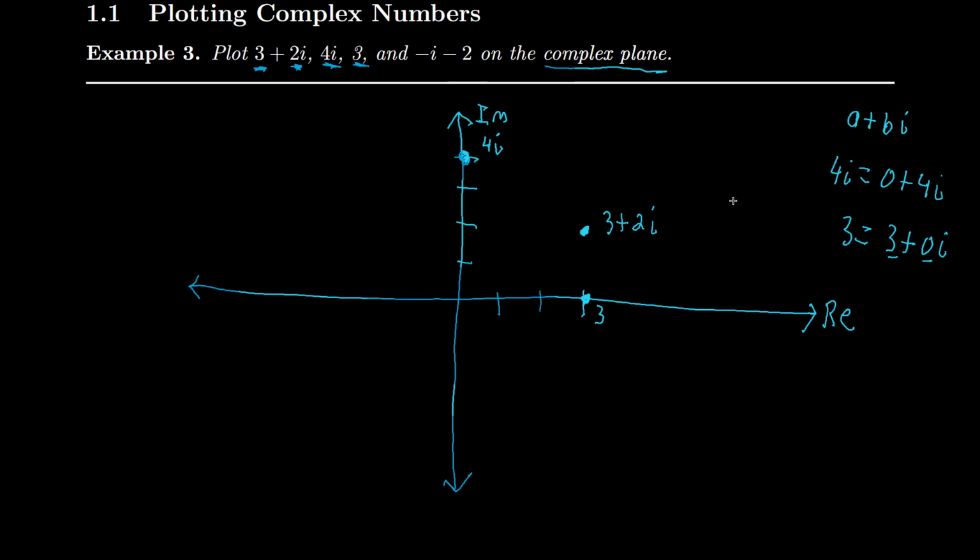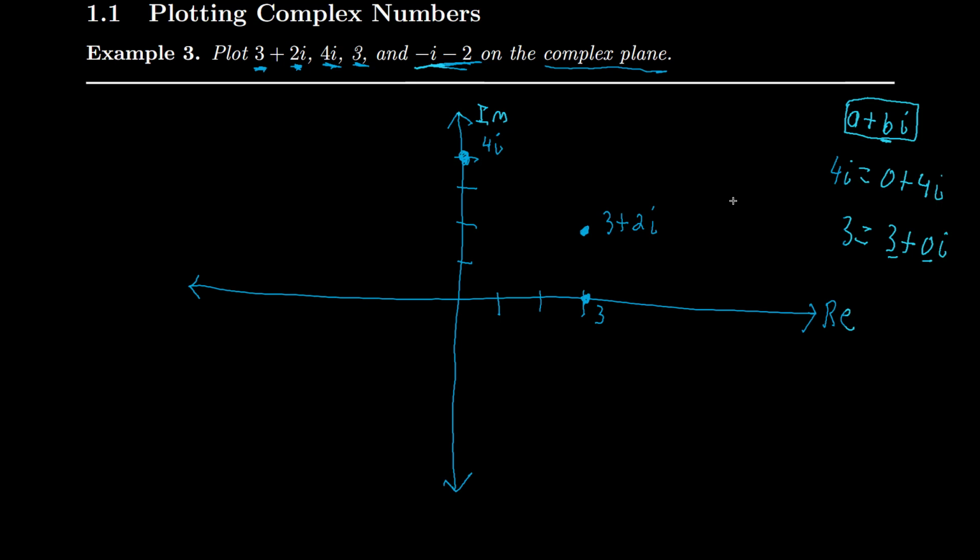Easy enough. Now, here's the one that I can confuse literally everyone with. Negative i minus 2. So we must just plot negative 1, negative 2, right? Think about it. The standard form is a plus bi, with the real part first, then after that, the imaginary.